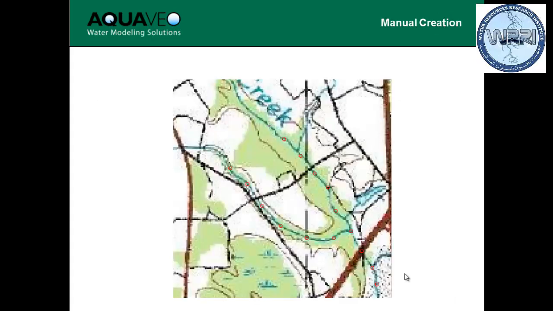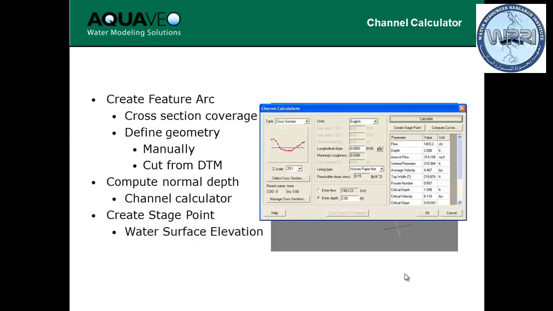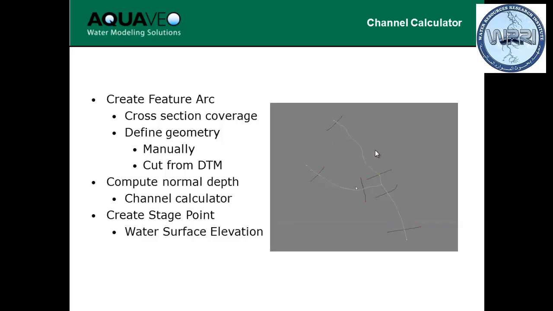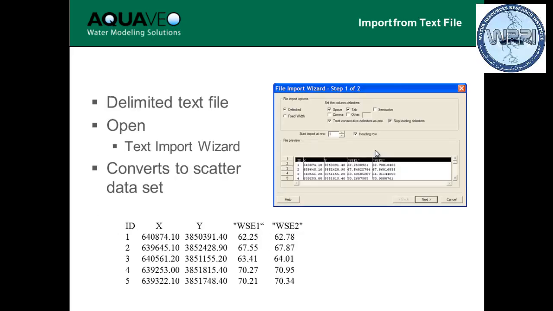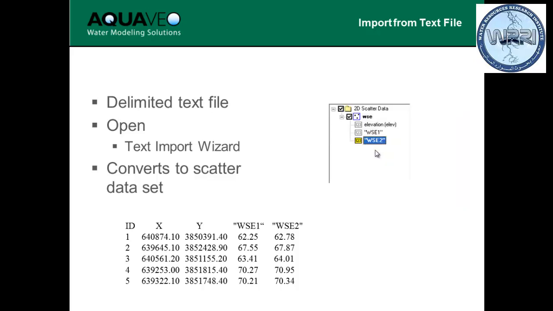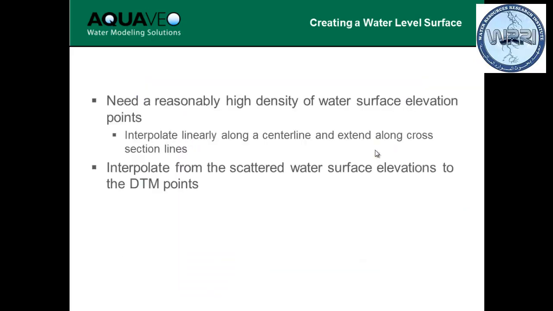This is the channel calculator in WMS. You can define a cross section, and this just uses Manning's equation for a channel. You can import your water surface elevation points from a text file, and you can run HEC-RAS like we've seen.